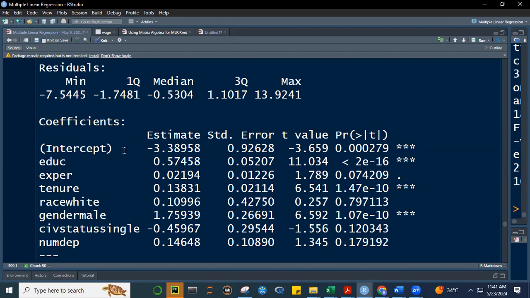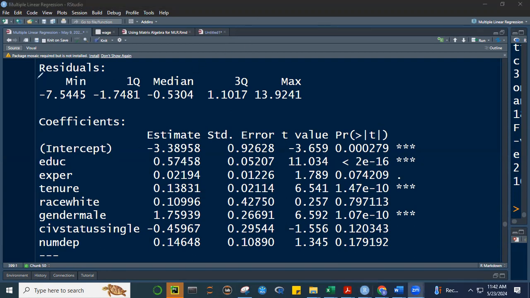So what's the meaning of this? It's the hourly wage of -3.4 of a person who has 0 years of education. So he has no education, 0 years of experience.